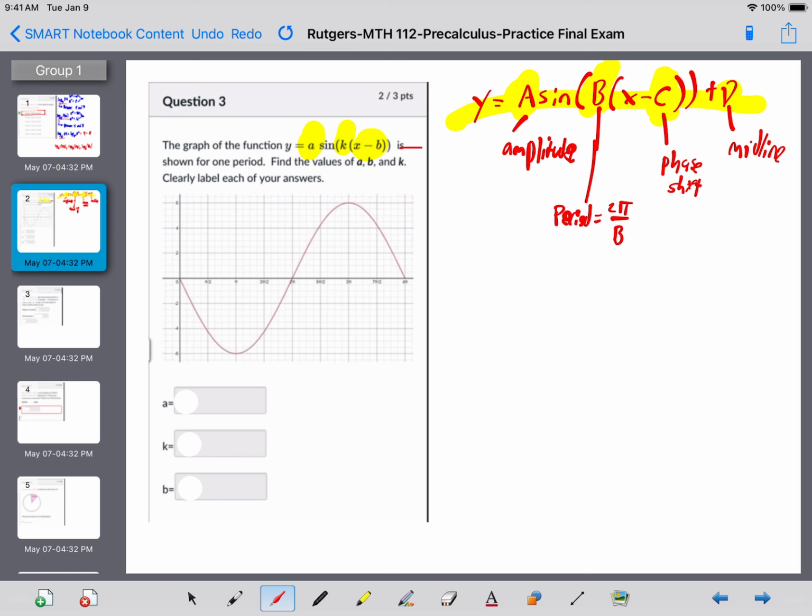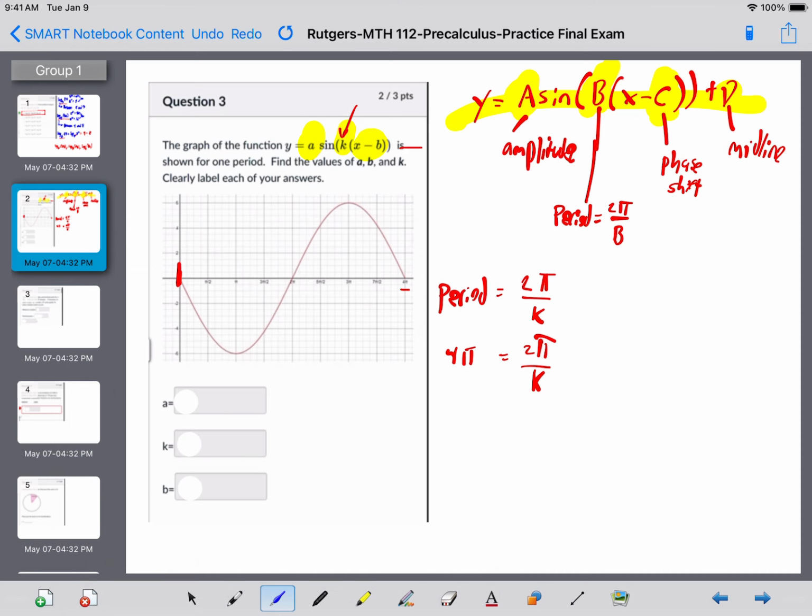So your period is 4 pi, and we know the formula is period equals 2 pi over b, but in this case k is in the b spot. So I'm going to use k. We said the period was 4 pi, because it looks like we started at 0, and we're going to 4 pi. 4 pi minus 0 is 4 pi, equals 2 pi over k.